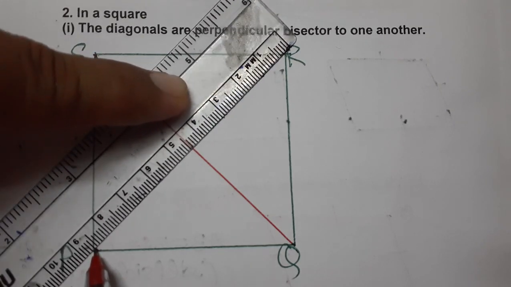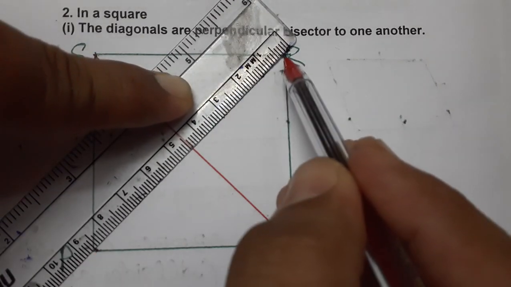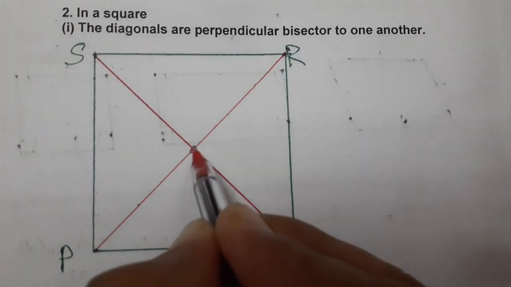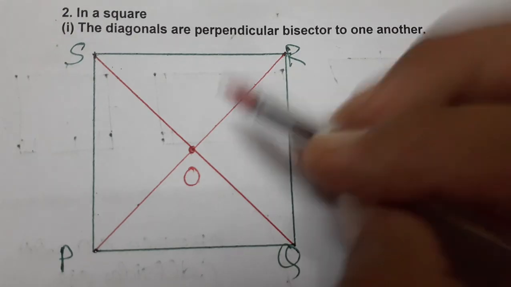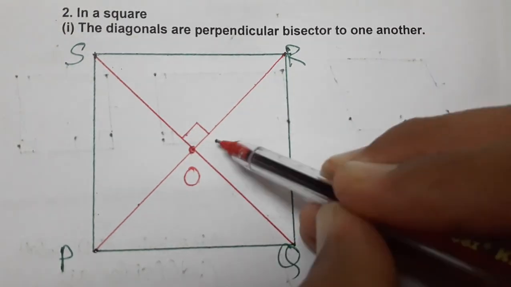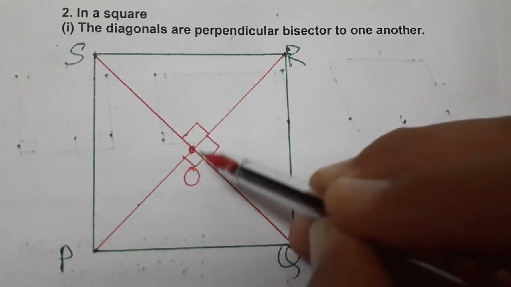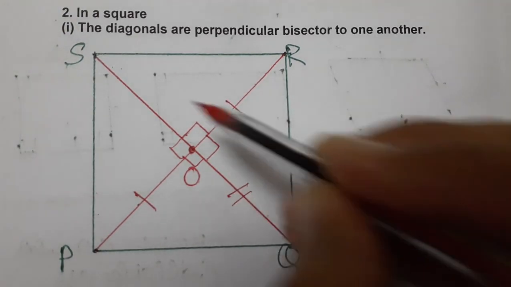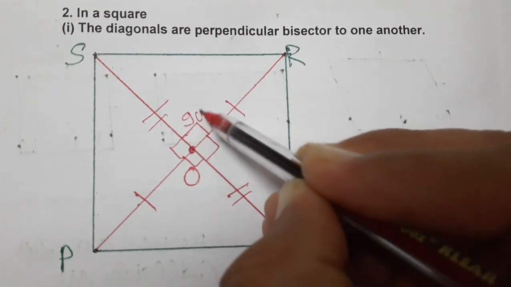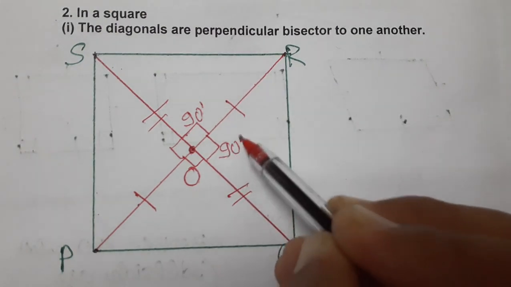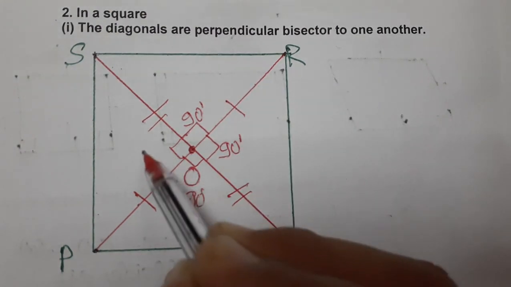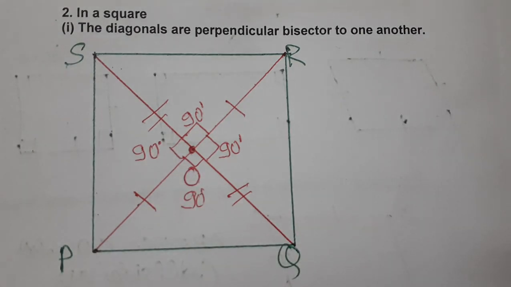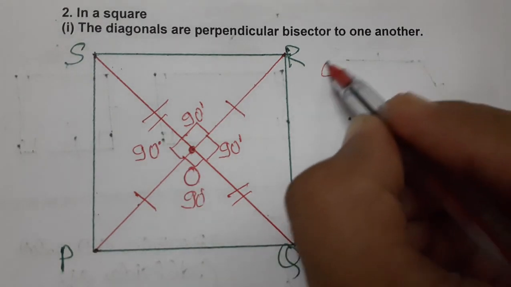In a rectangle, diagonals only bisect, but here they bisect at 90 degrees. This is the difference. Diagonals are perpendicular as well as bisectors. So this makes the difference between a square and a rectangle.